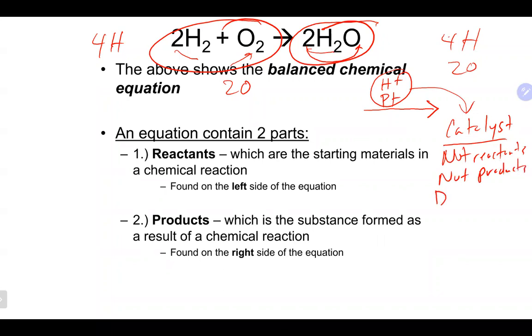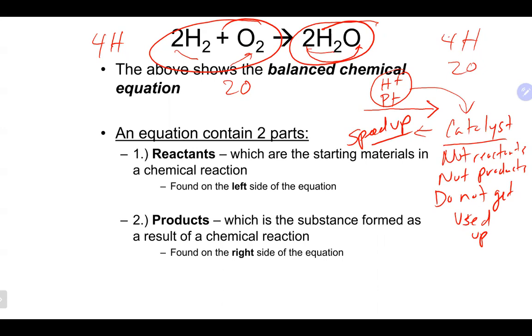They do not get used up in the reaction. They are typically there just to speed up the reaction. A lot of times catalysts are added to reactions to make the reaction occur a lot faster, and in equations they're often written up on top of the arrow.